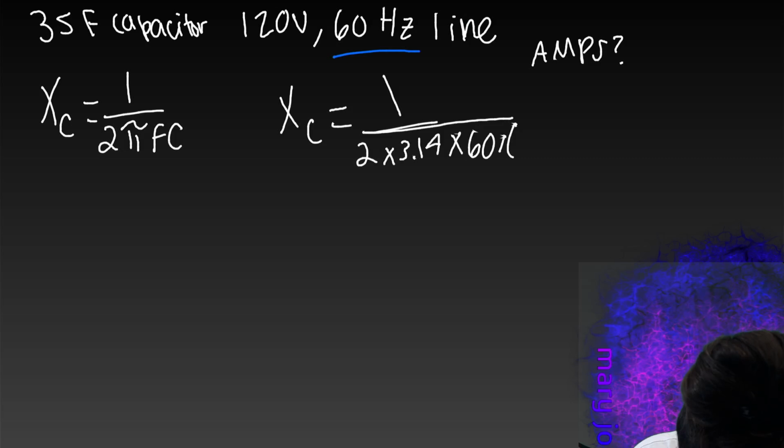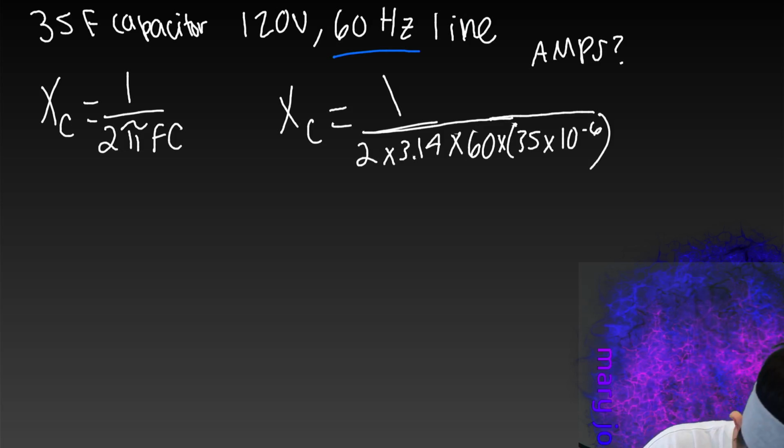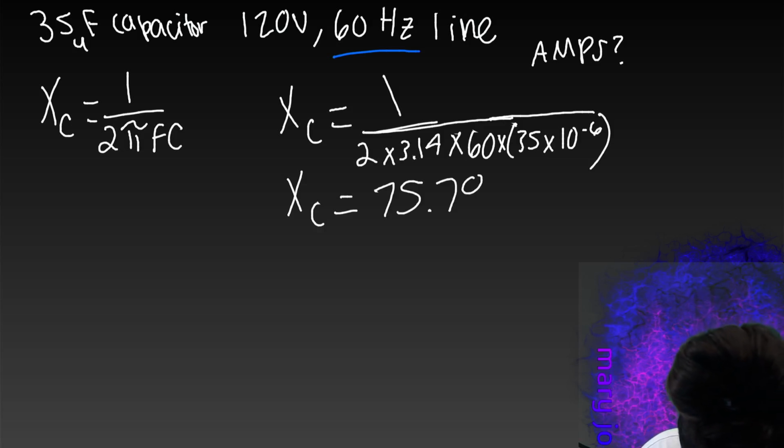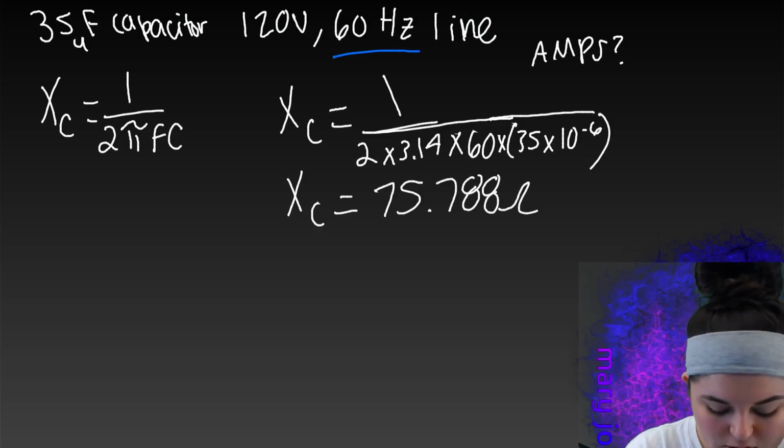And then we're going to say times 35, because that is microfarads. I didn't put that right there, sorry. Okay. So your capacitive reactance is going to equal 75.788 ohms, because we say capacitive reactance is measured in ohms, right?